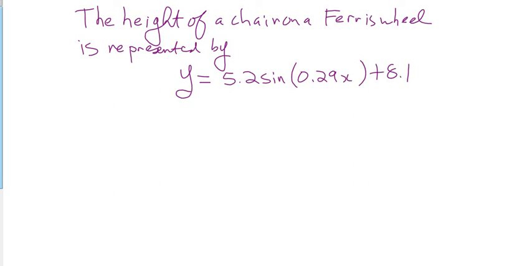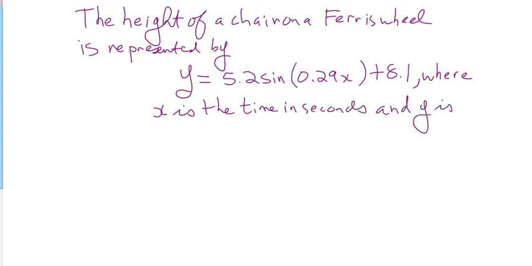So height of a chair on a Ferris wheel is represented by y equals 5.2 sine 0.29x plus 8.1, where x is the time in seconds and y is the height in meters.